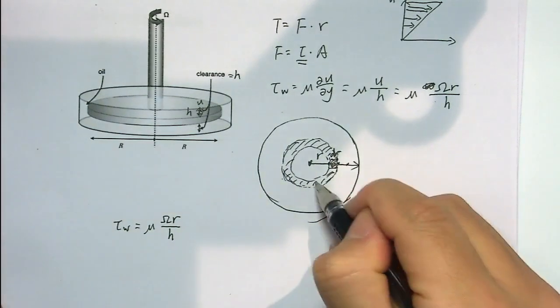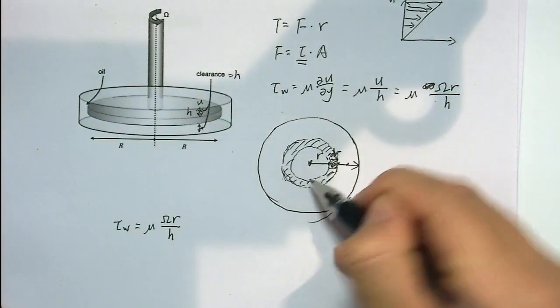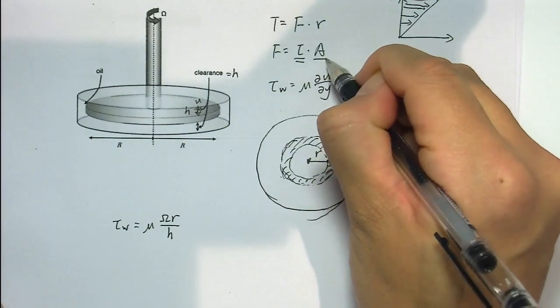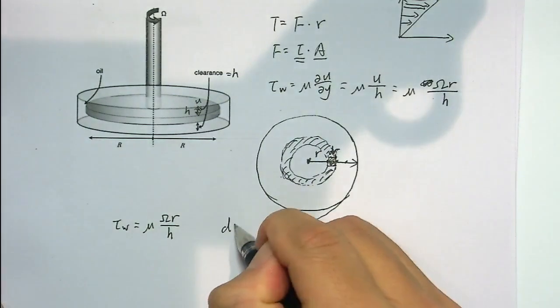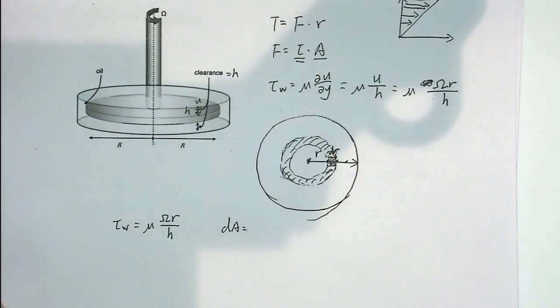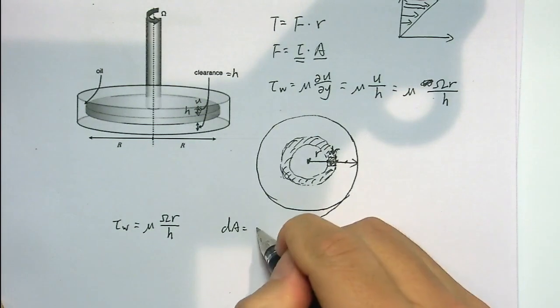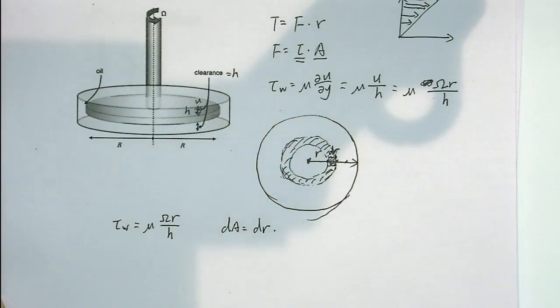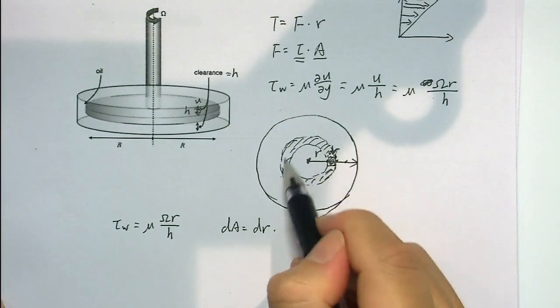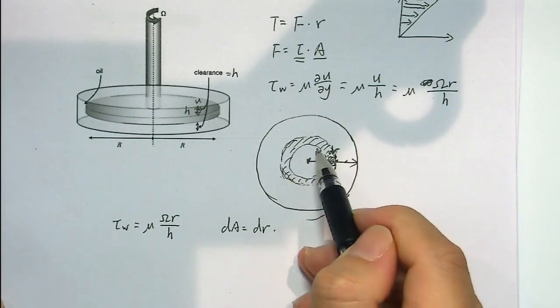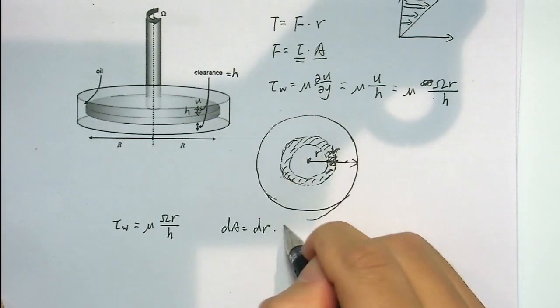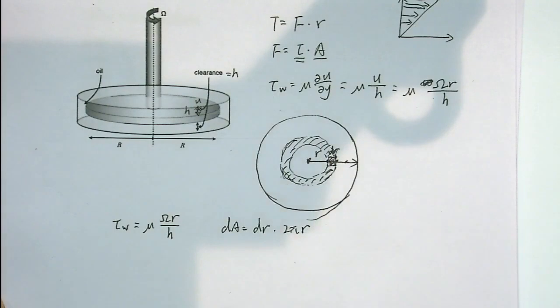We need to multiply by the area, so the area here, dA, should be dr multiplied by the circumference length of this ring. It should be 2 pi r. That gives the area here.